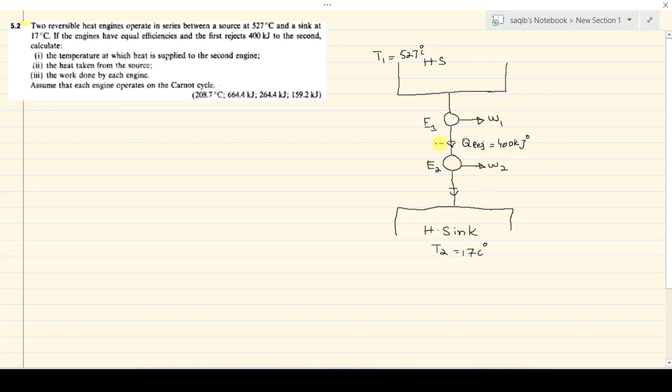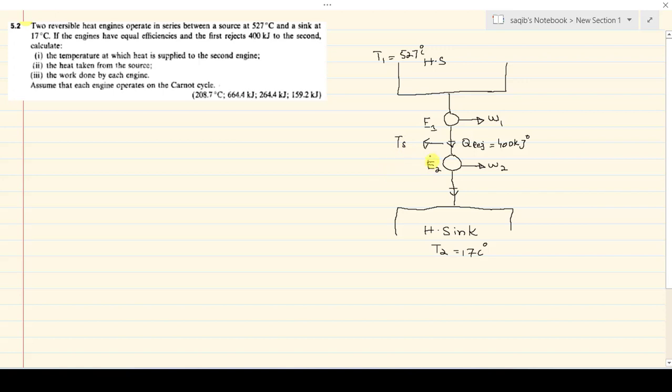In between, the heat that is rejected from engine 1 is at a temperature Ts. This is the temperature to which heat is supplied to the second engine. This S represents the second engine source, you can say.